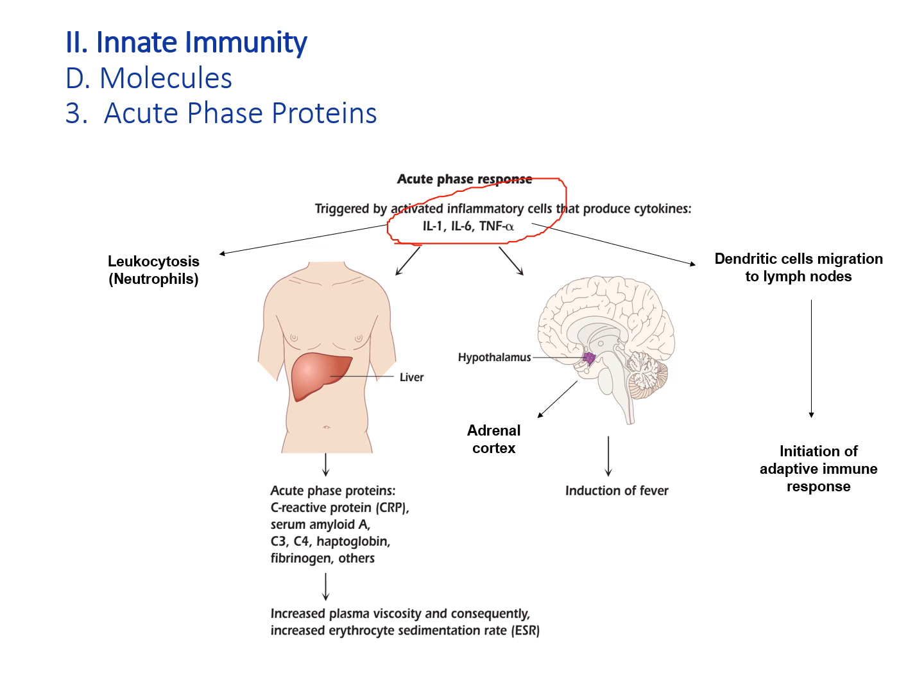They travel through the blood and stimulate the hepatocytes to secrete acute phase proteins, and this includes your CRP, serum amyloid A, C3, C4, haptoglobin, and fibrinogen, and others.